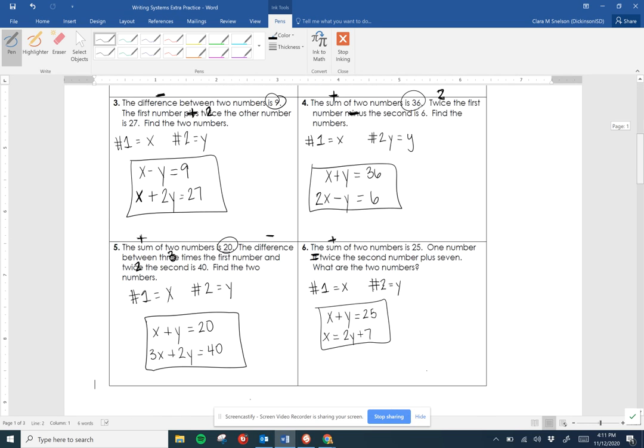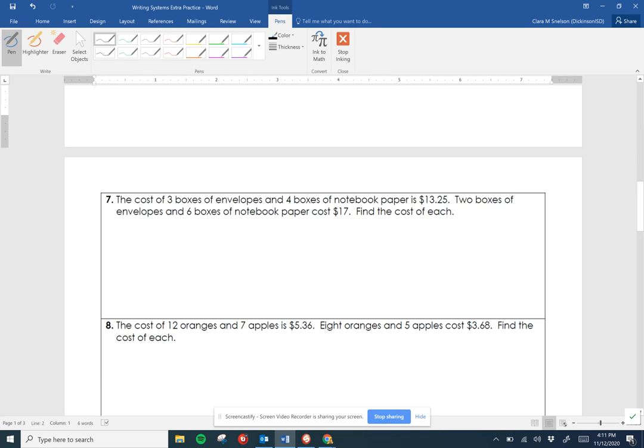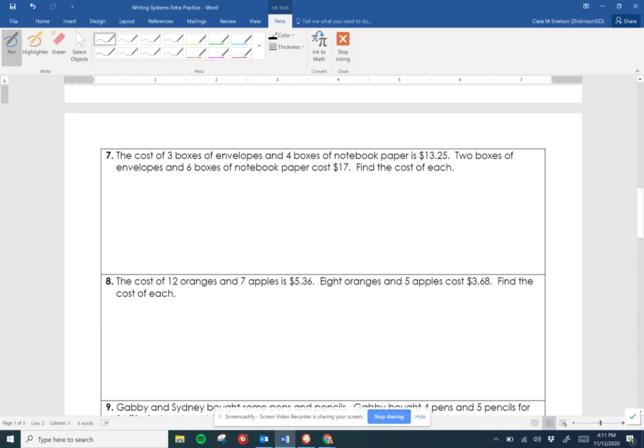Okay, so looking at example 7, it says the cost of 3 boxes of envelopes and 4 boxes of notebook paper is $13.25. 2 boxes of envelopes and 6 boxes of notebook paper cost $17. Find the cost of each. Whatever it asks you to do, those are going to be your variables.